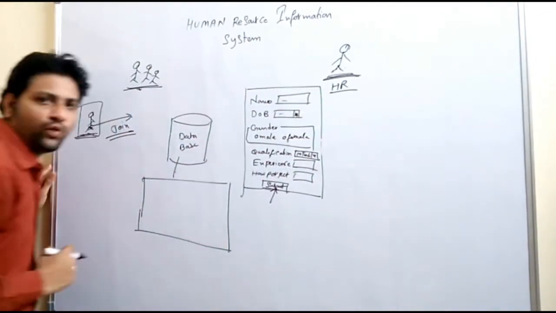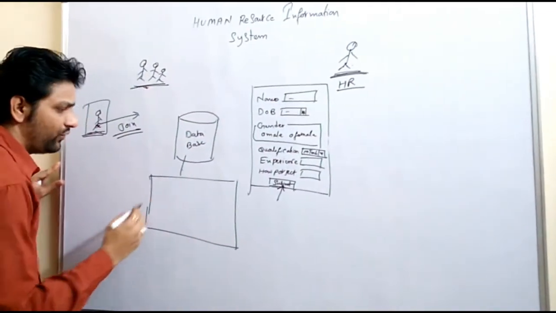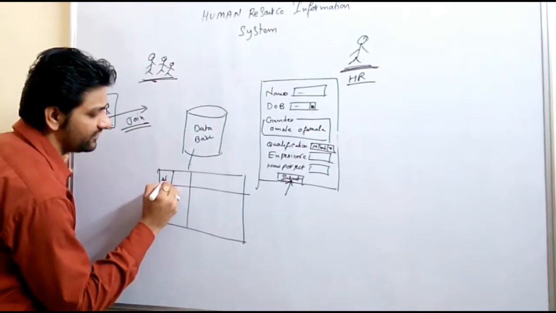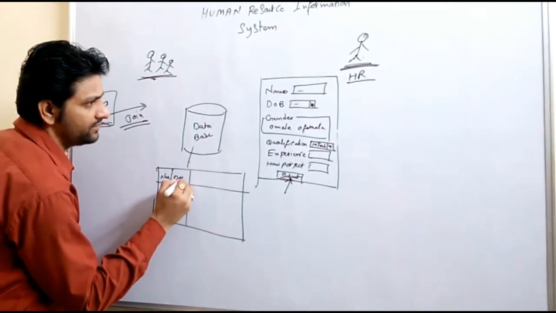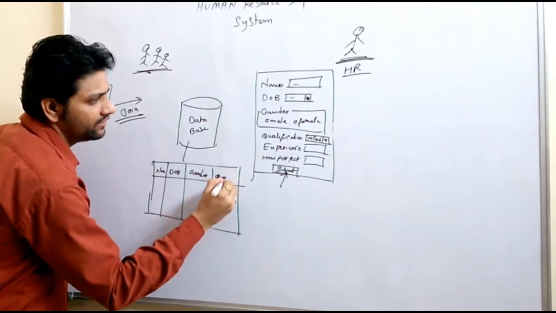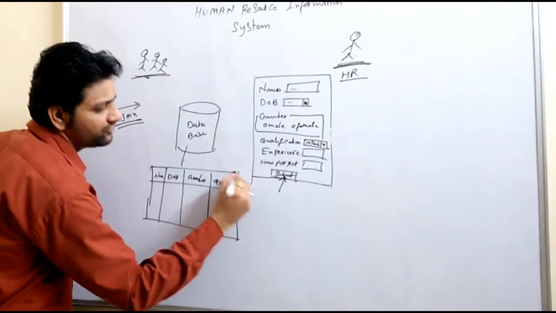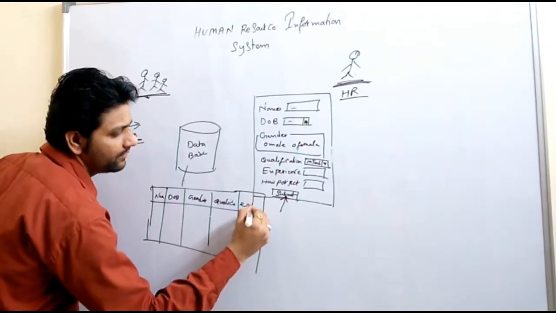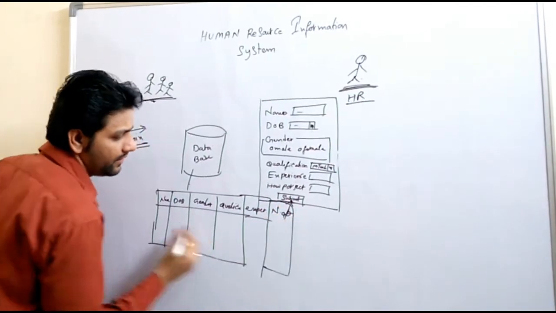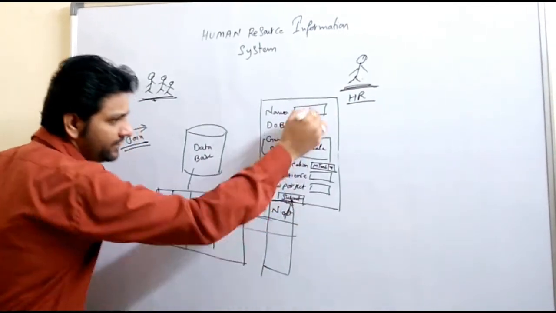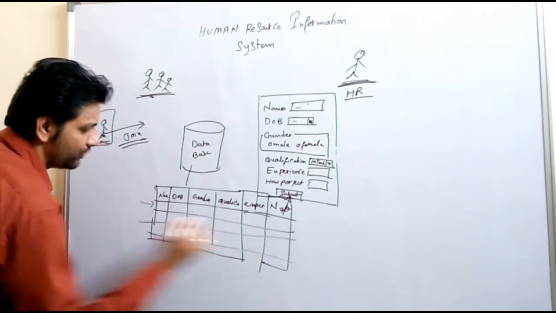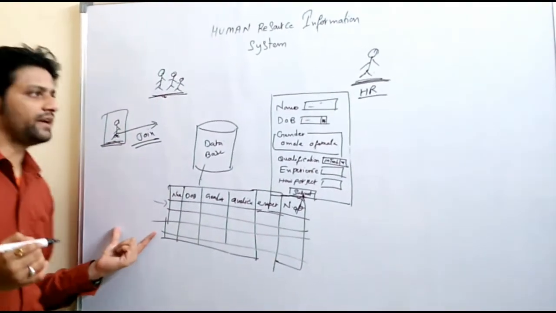So this is the front end form. There will be a table consisting of name, date of birth, gender, qualification, experience, number of projects, like this. Every time he enters and submits the details, each and every employee's details are stored in the records.